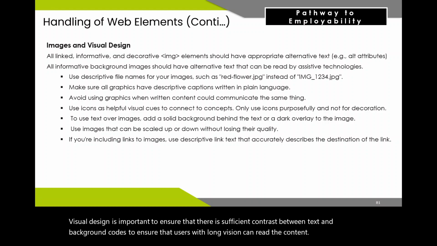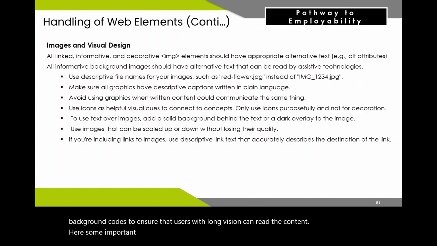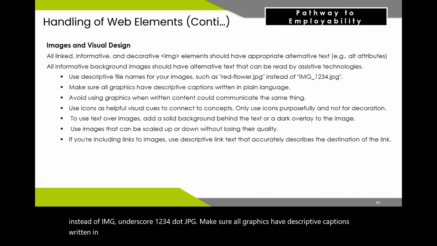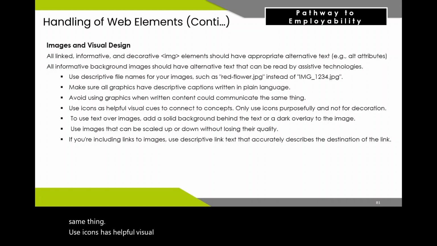Here, some important points. Use descriptive file names for your images, such as redflower.jpg instead of img_1234.jpg. Make sure all graphics have descriptive captions written in plain language. Avoid using graphics when written content could communicate the same thing. Use icons as helpful visual cues to connect to concepts.